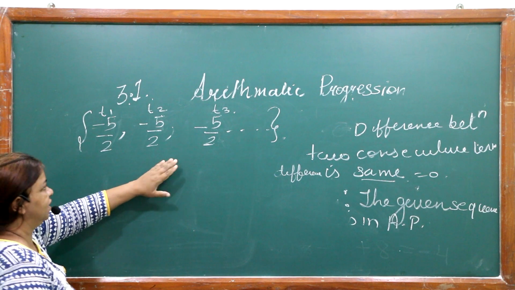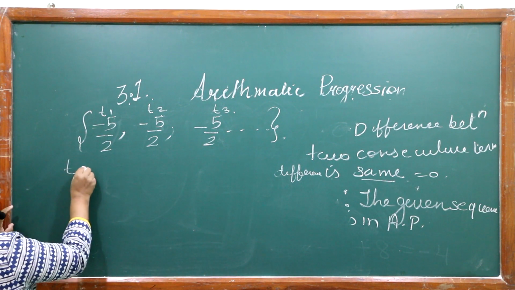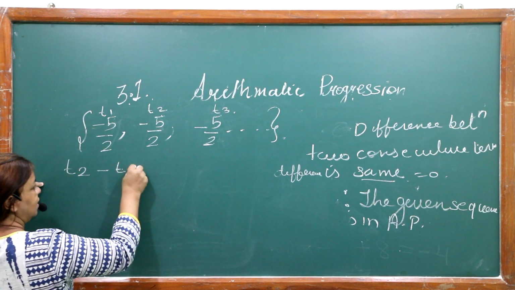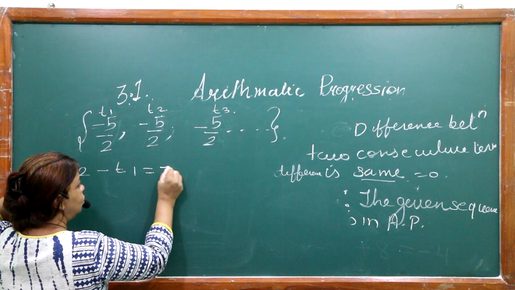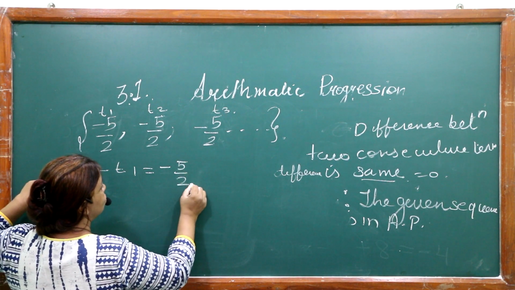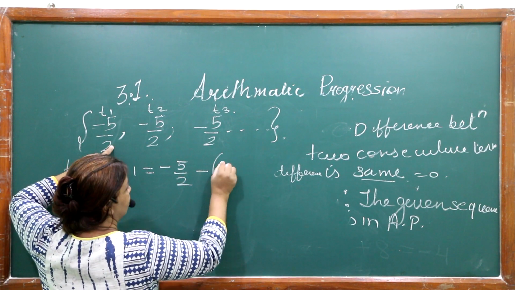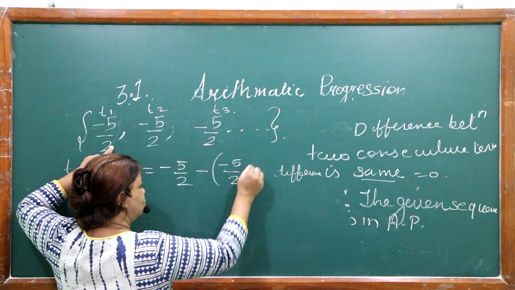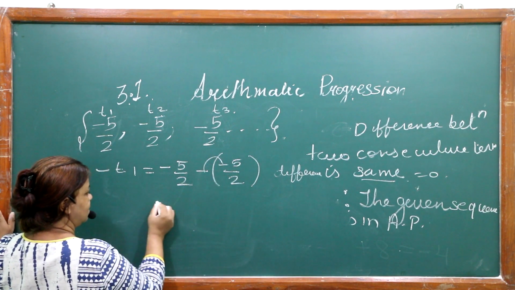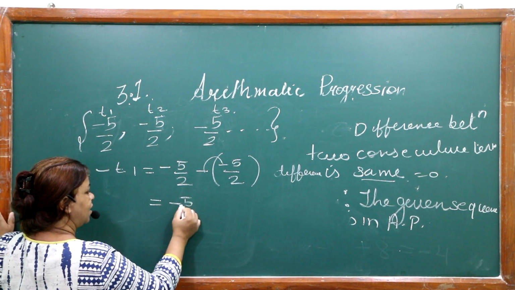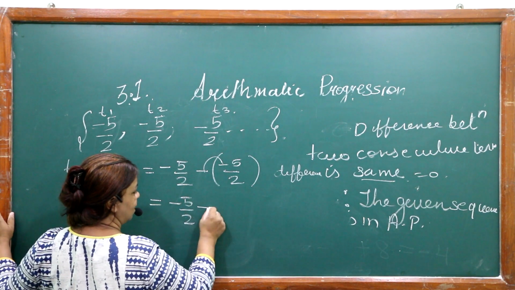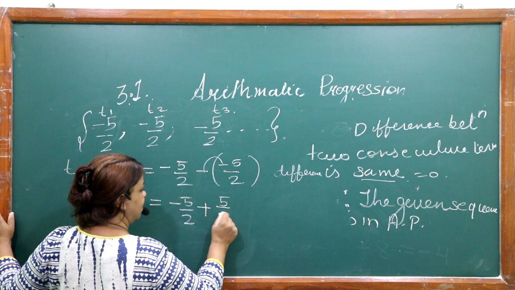Let us find the difference. T2 minus T1. Term 2 is minus 5 by 2, minus, and term 1 minus 5 by 2. Minus and minus, minus 5 by 2, minus minus will become plus 5 by 2.